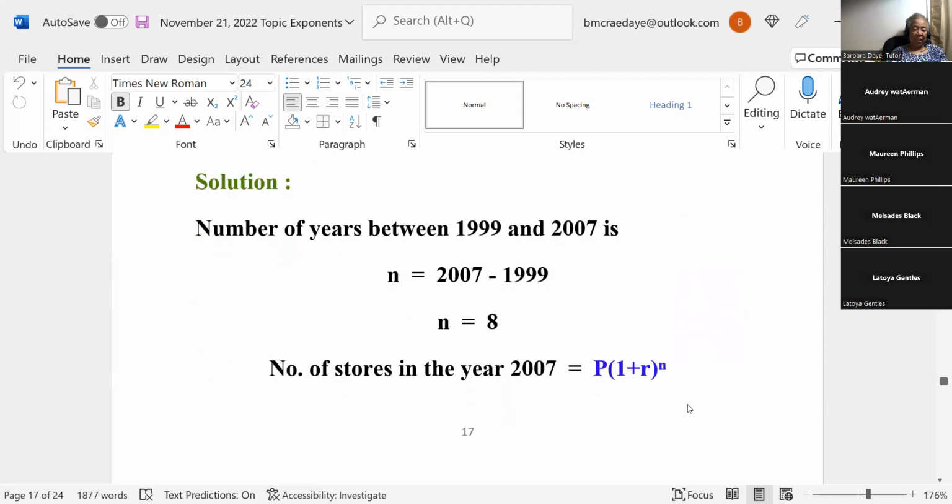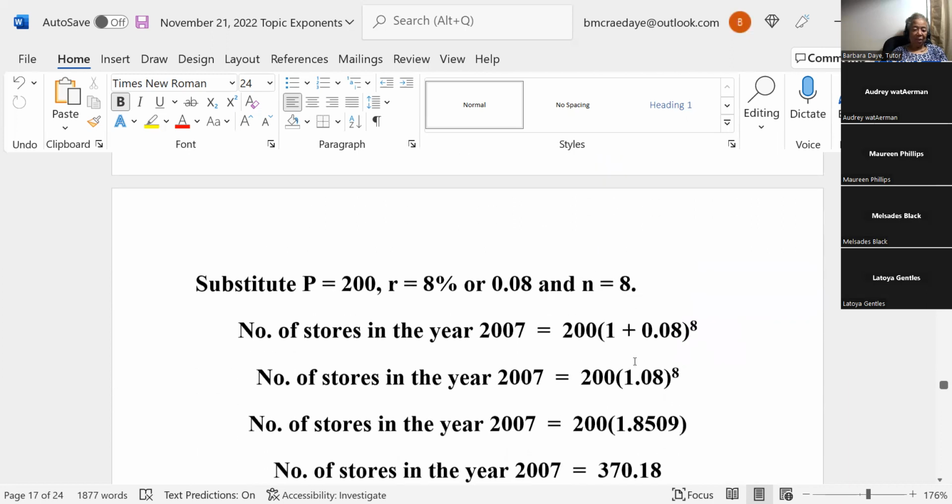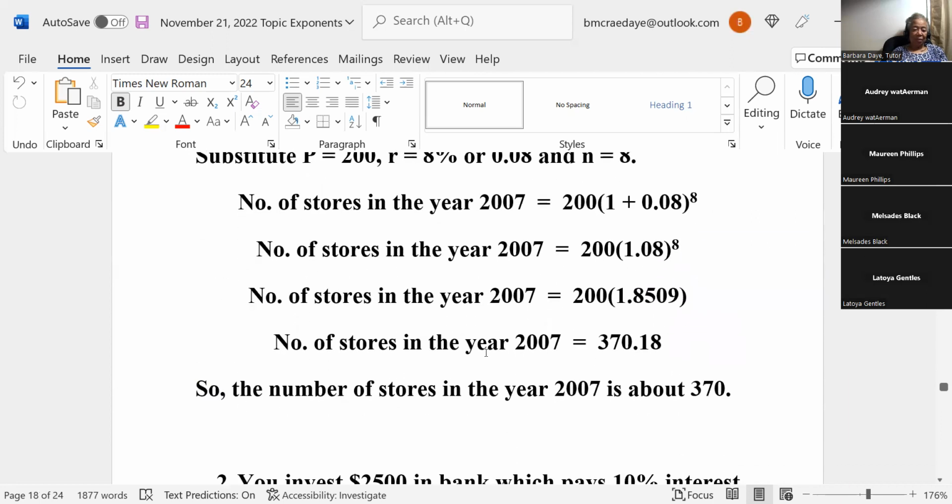So we put the 8 here and calculate it. We can say that the number of stores in the present year of 2007 is 370.18, but you can't have a fraction of a store. So you say the number of stores in the year 2007 is 370.